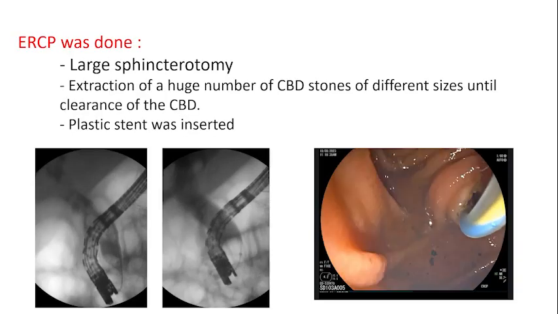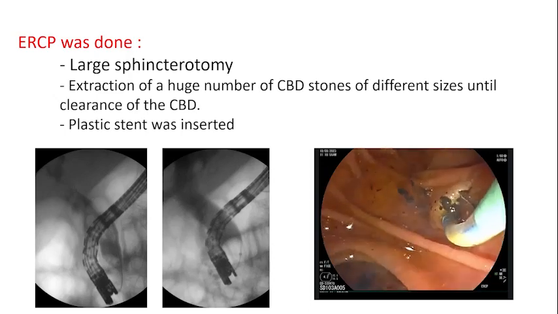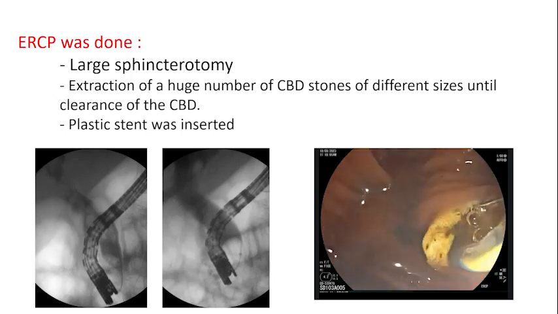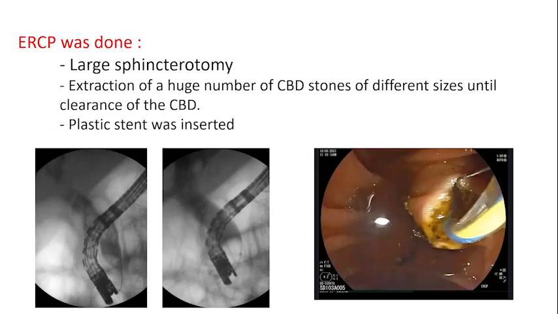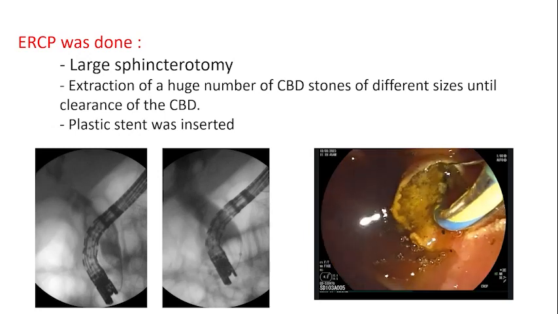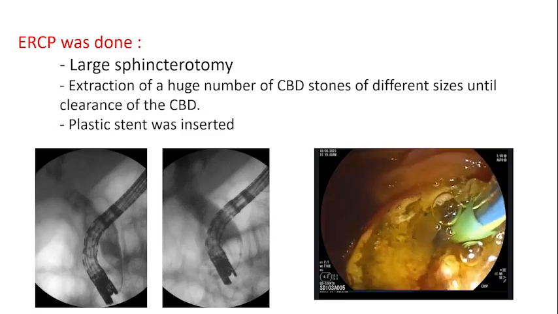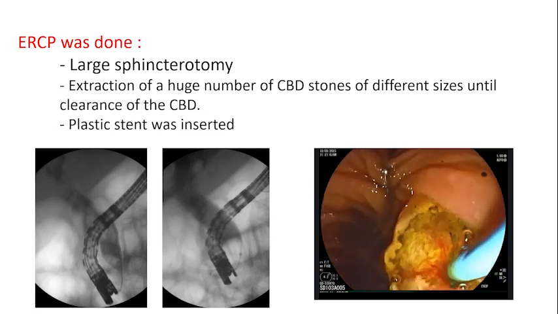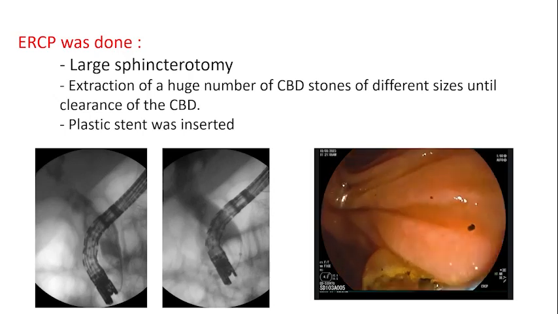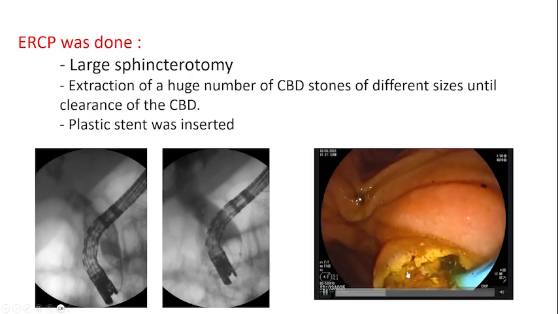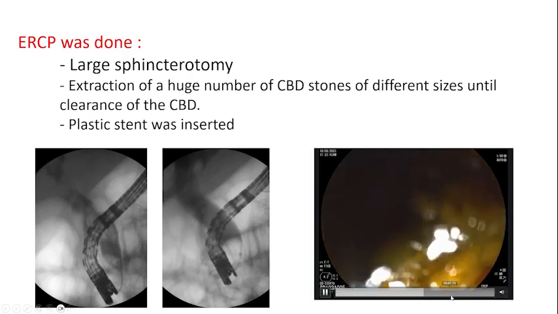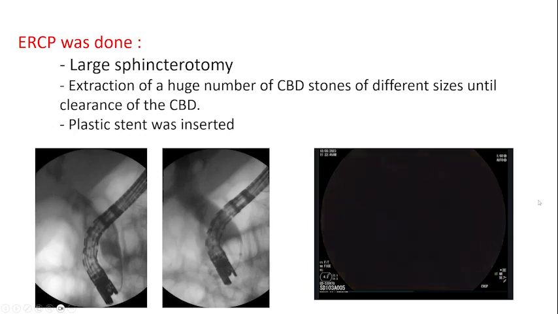So ERCP was done, a large sphincterotomy was carried out, and extraction of a huge number of CBD stones of different sizes until clearance of the CBD. After that, a plastic stent was inserted. Here, as we see in the video, the stones that were removed from the CBD.